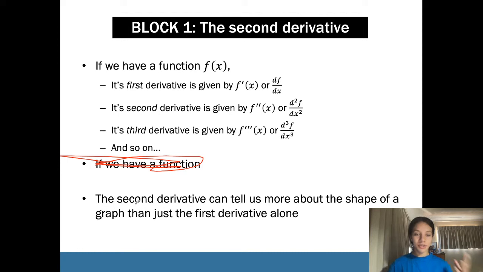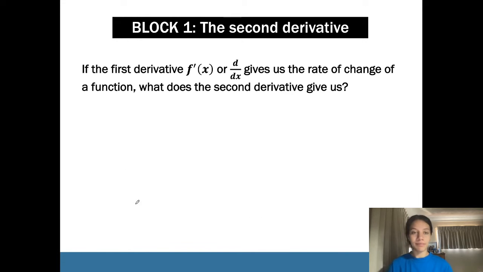What the second derivative can actually do is tell us more about the shape of a graph than just the first derivative alone. If you remember, we can use the first derivative to figure out properties such as stationary points, and the slope of the curve at different points of the graph, and the second derivative furthers that knowledge.